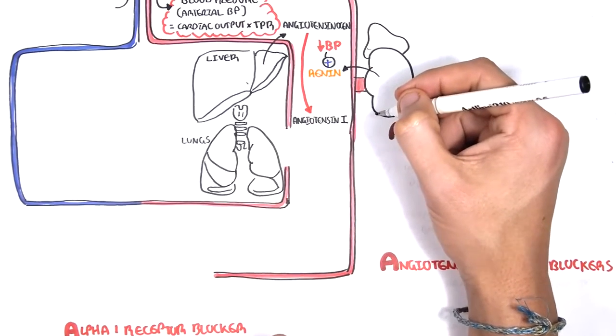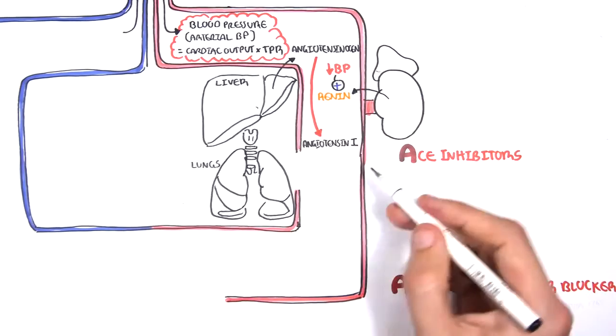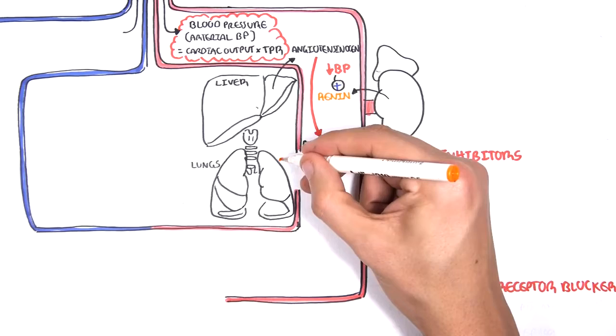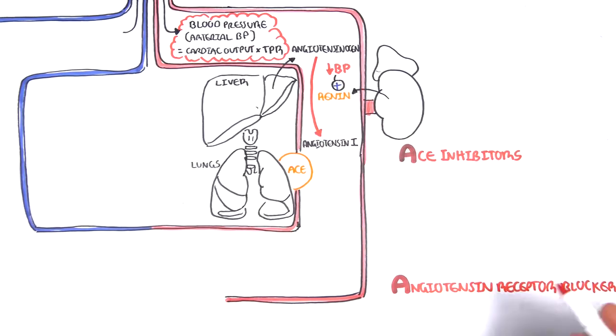Angiotensin 1 will then circulate around the body and get in contact with a membrane-bound enzyme called ACE, or angiotensin converting enzyme, which mainly resides in the lung tissues. So ACE converts angiotensin 1 to angiotensin 2.